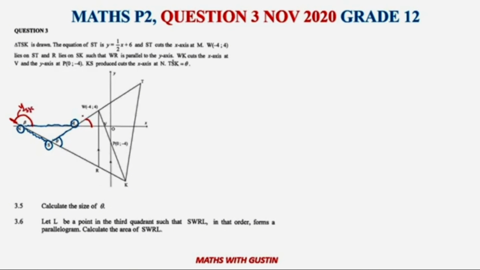Okay, this one is formed by line, I think I'm about to explain this very well, so please pay attention, guys. This angle here is formed by line ST, and we know the gradients of these lines, by the way, because we already did them previously. Please make sure you didn't fast forward this video, because now you would have missed out on the gradients of these lines.